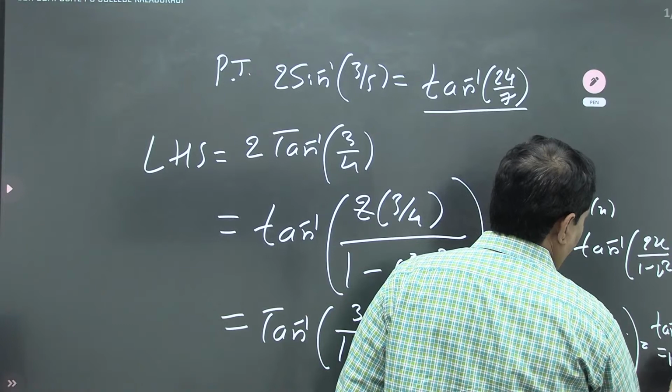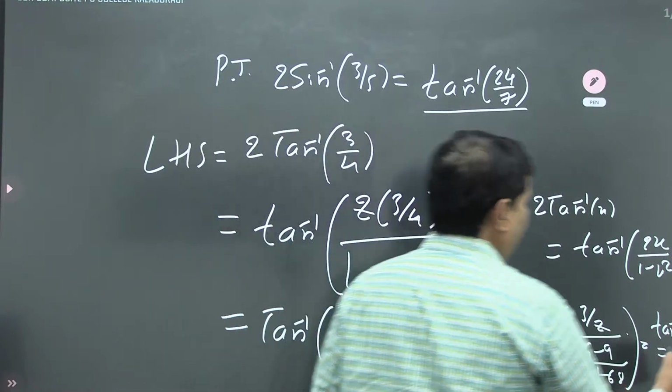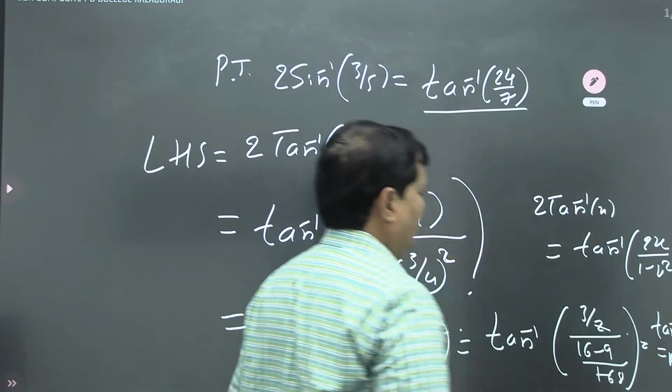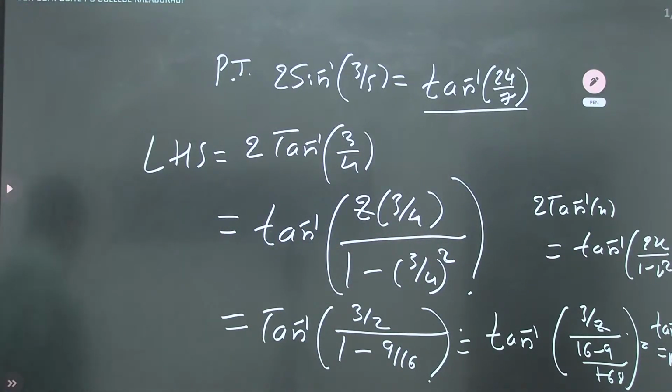Okay, this is equal to the RHS. Tan inverse of 24 by 7 is the answer. Next question.